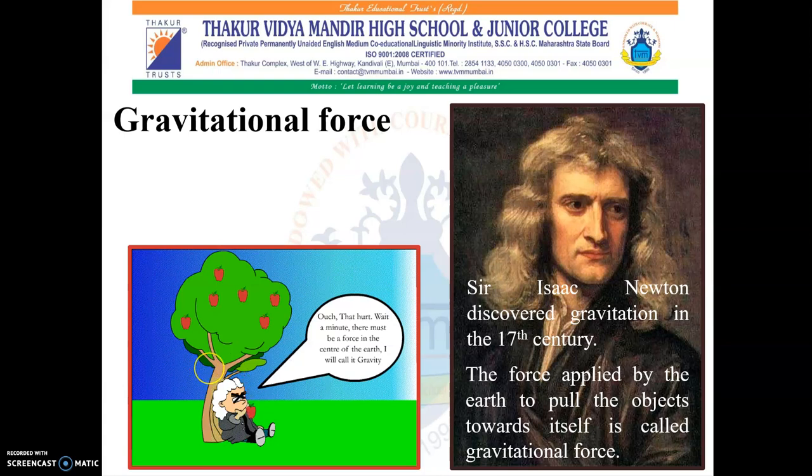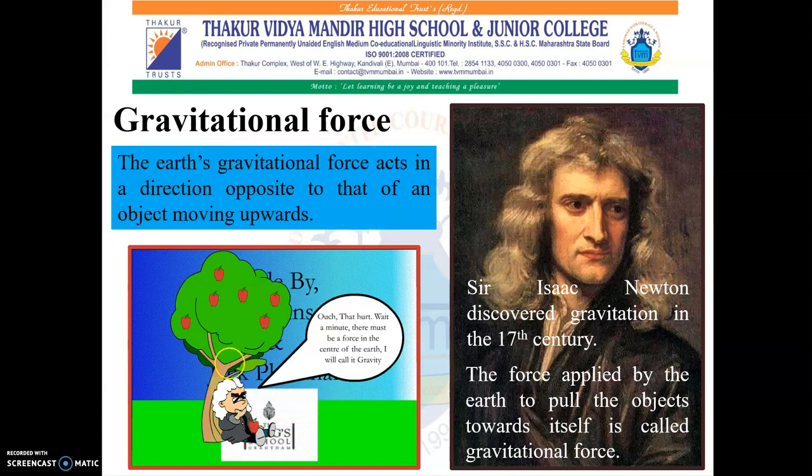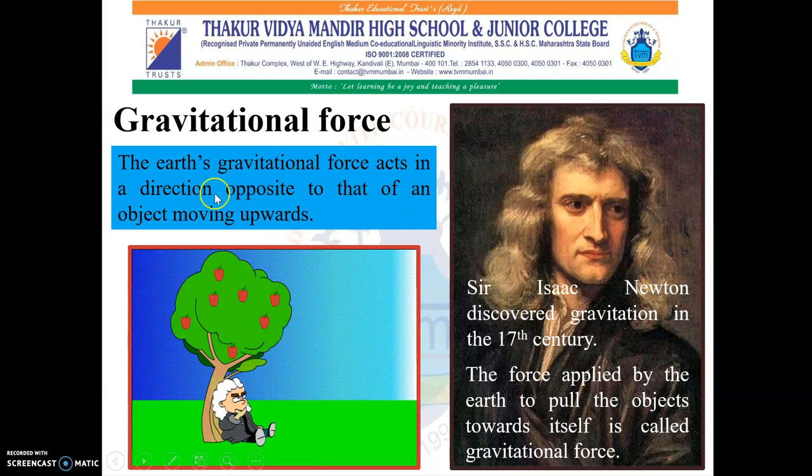Not only this apple, but the gravitational force is acting on each and every object, because of which those objects are falling down towards the earth. The earth's gravitational force acts in the direction opposite to that of an object moving upwards.